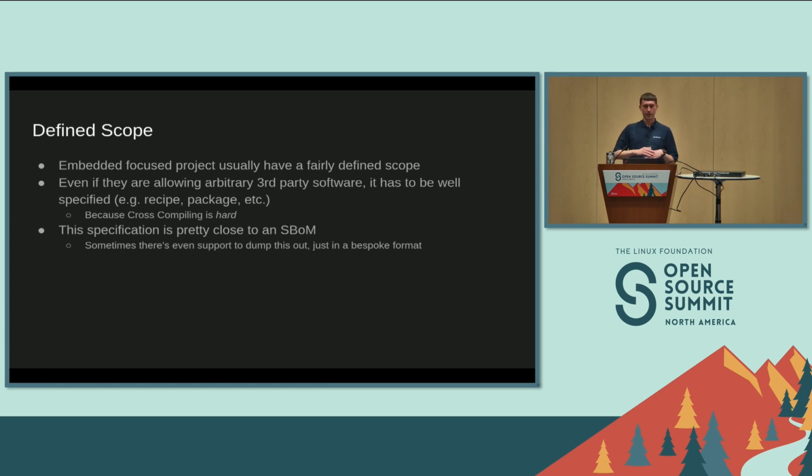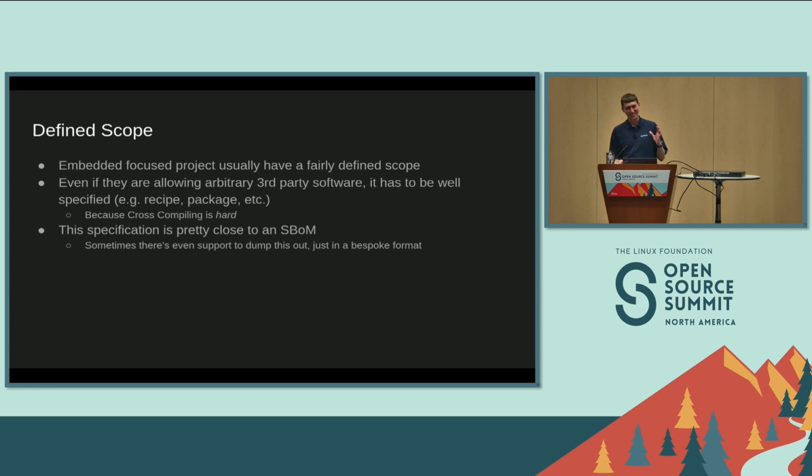Even if they're allowing arbitrary third-party software to be added into them, it has to be really well specified. Like you need a recipe or a package definition or something that describes how to build this thing. And that's because cross-compiling is really, really hard. It is a very complicated thing to do properly, so we need everything to be pretty well specified in order to even build it in the first place.